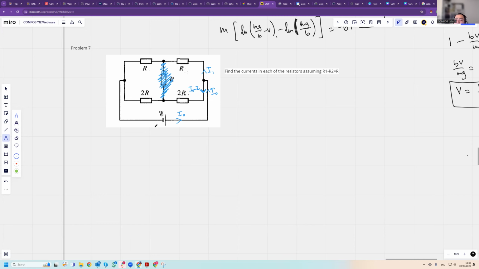Because there's nothing complicated about this question whatsoever. Do you agree? If that resistor wasn't there, everything would be perfectly fine.